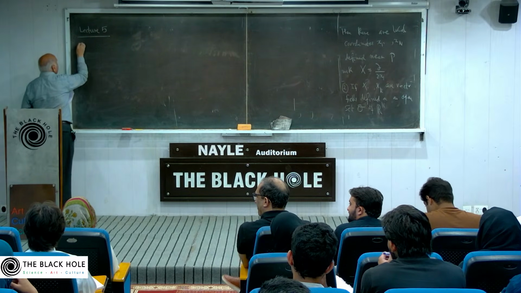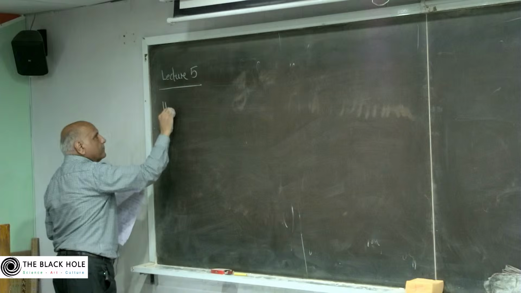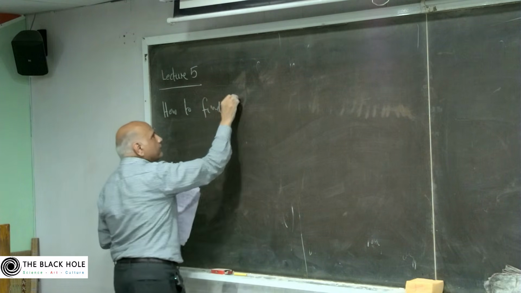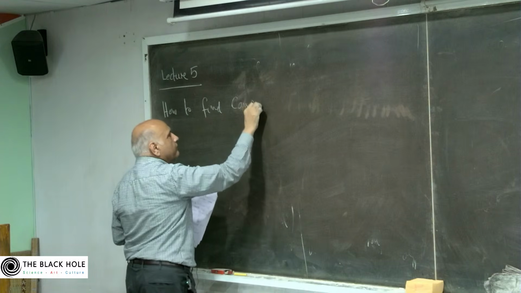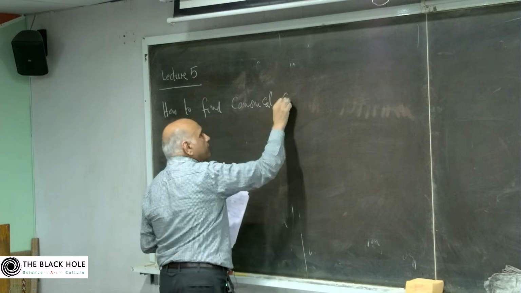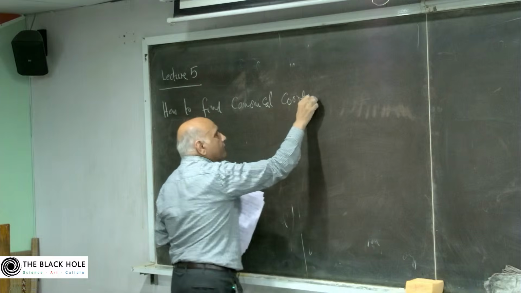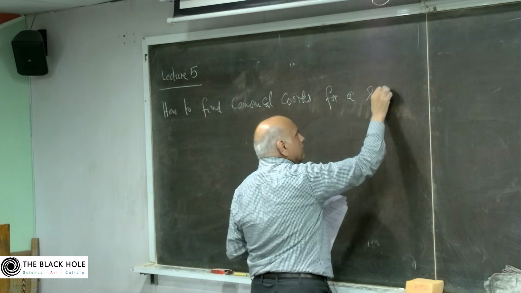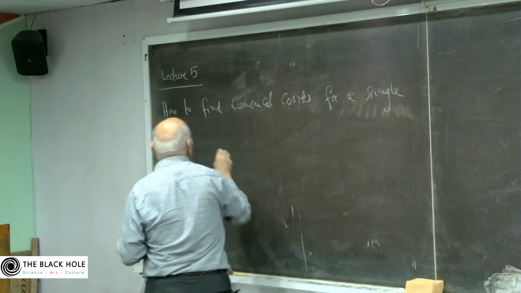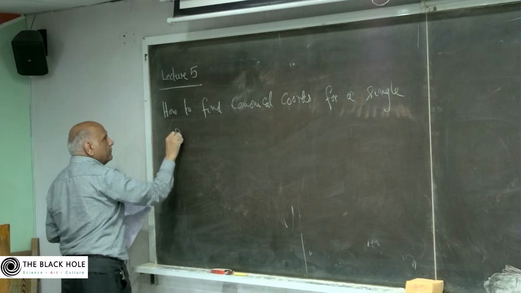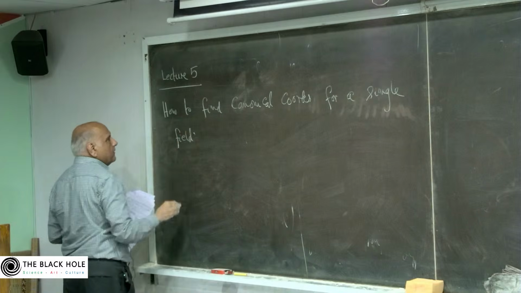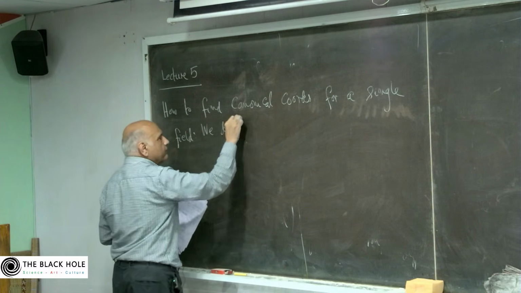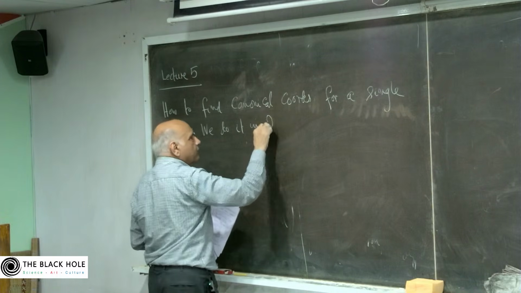So, how to find canonical coordinates for a single vector field, and I will just do it in 2 dimensions, in two variables.